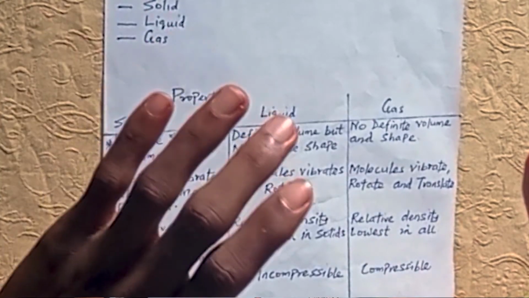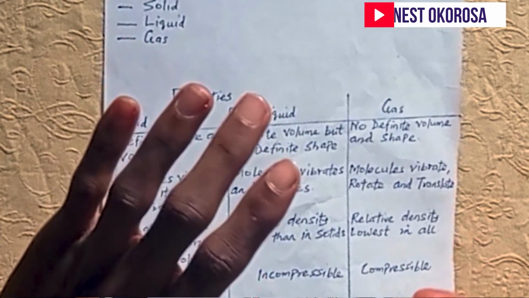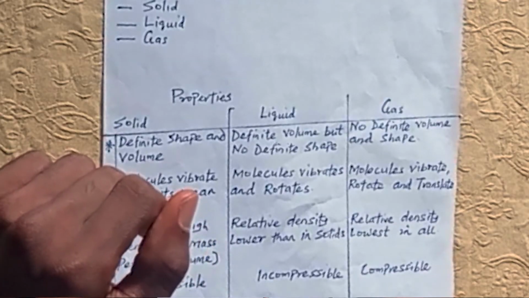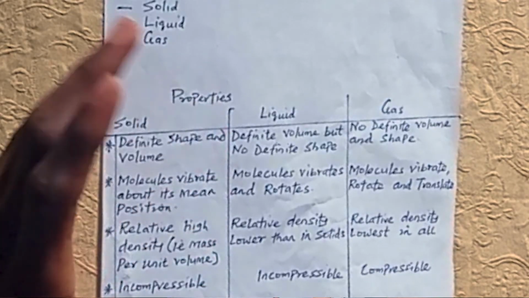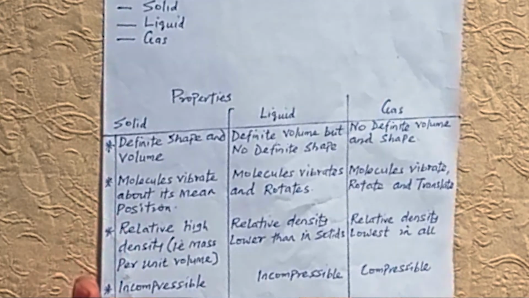Now looking at a gas, it has no definite volume and no definite shape. That is to say that a gas will fill the entire vicinity in which it finds itself. The molecules vibrate, they rotate, and they translate. That is for a gas. You see? A solid does vibrational motion, a liquid does vibrational and rotational, while a gas does vibrational, rotational, and translational.